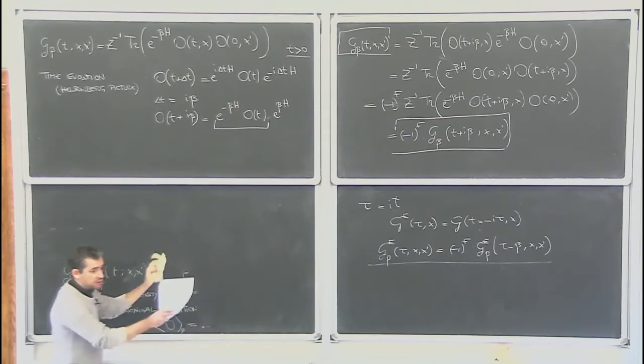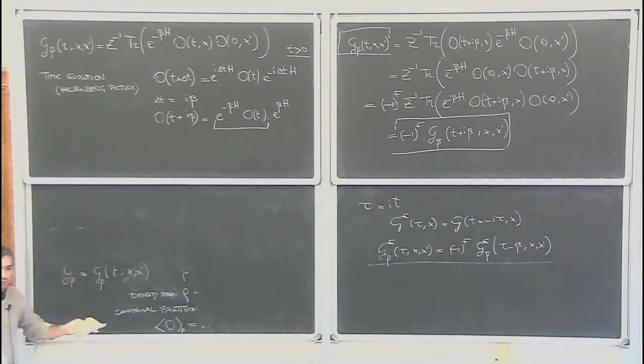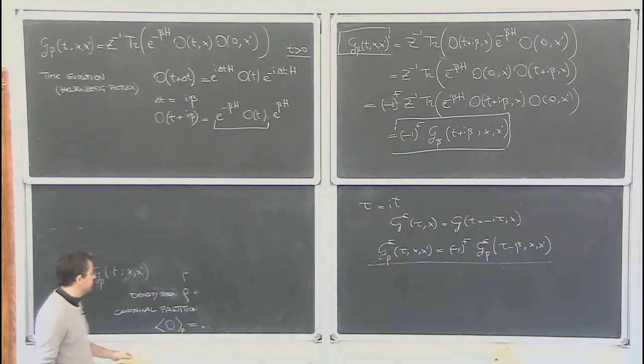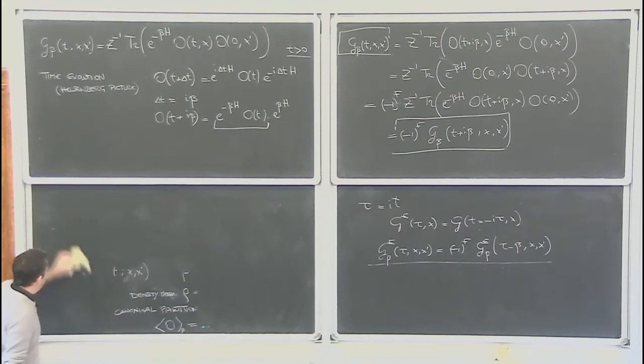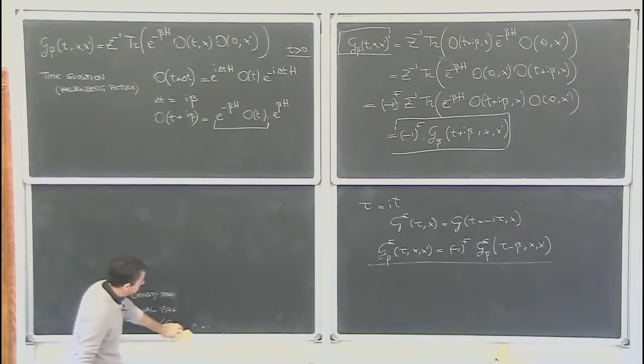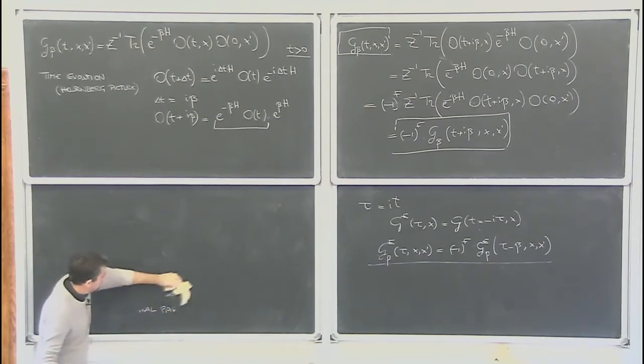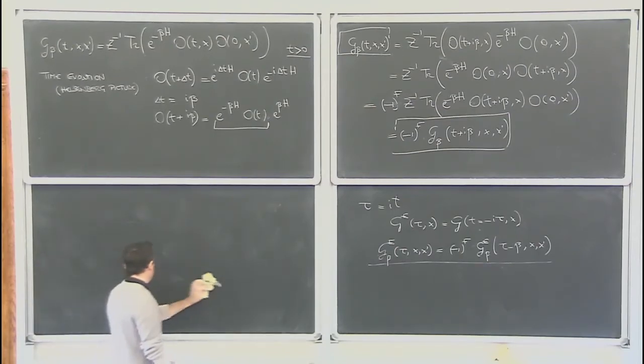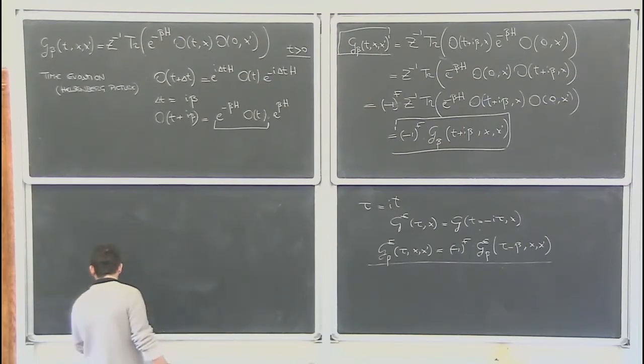So this is QFT at finite temperature, and at equilibrium. Temperature is constant, homogeneous, uniform, and nothing evolves in time. If you want to do things out of equilibrium, then you do real-time QFT, but that's another completely different approach.